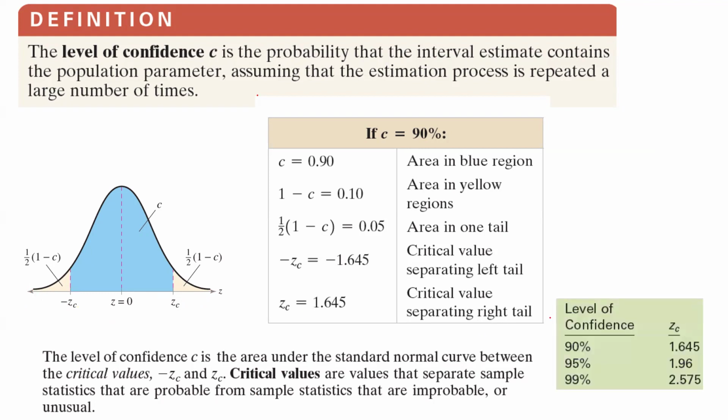And again, remember that we showed you how to use calculator to find the critical value for 90% level of confidence, 95% level of confidence, and 99% level of confidence. You either memorize these numbers or you use your calculator inverse norm to find these ZC or critical values.